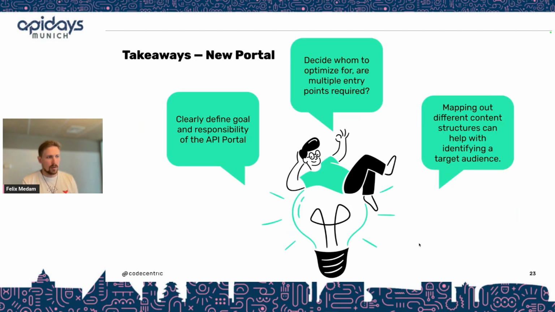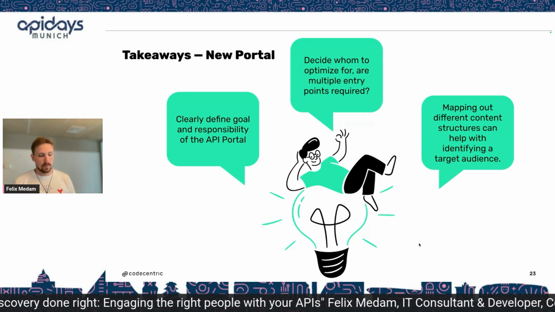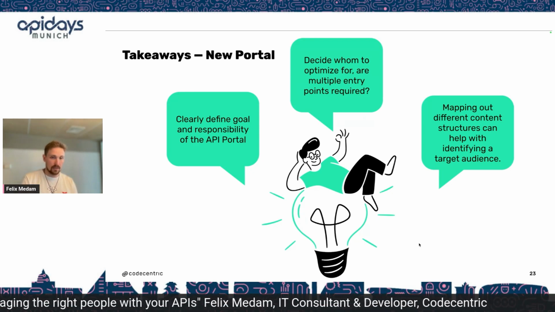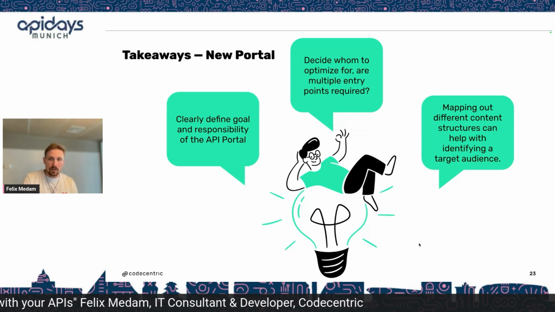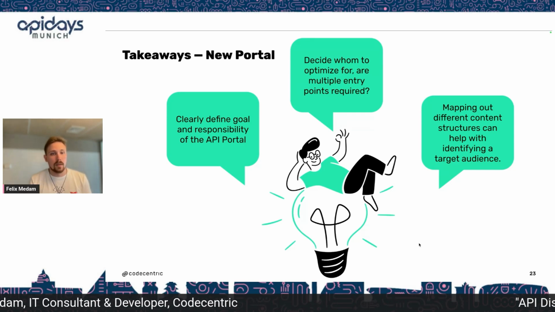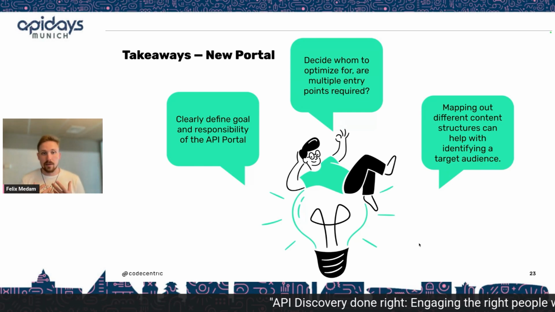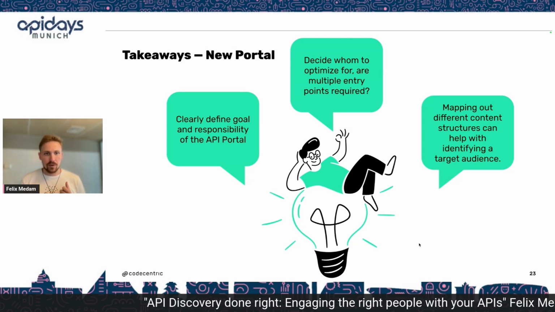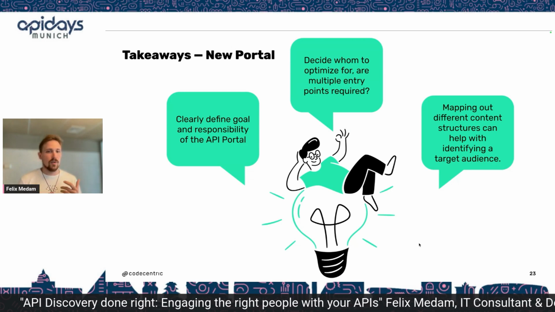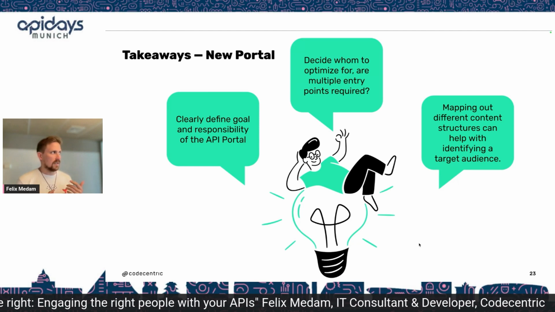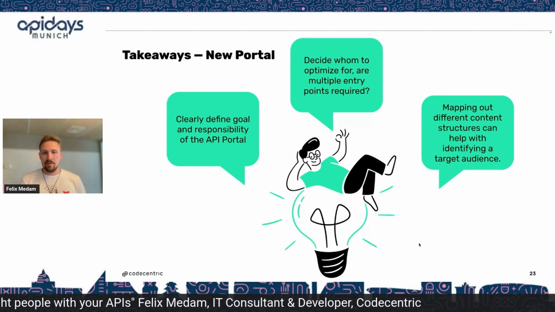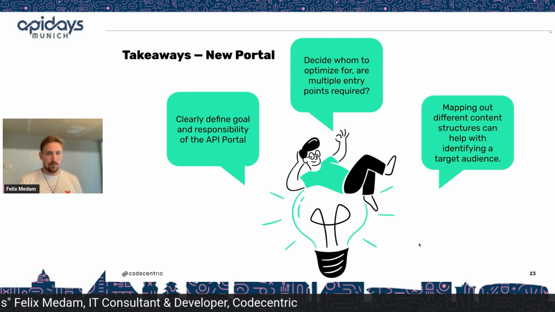So what are the takeaways from this little mapping exercise, mapping our discovery features onto the access channels? For a new portal, you should clearly define the goals and responsibilities of the portal you are going to create, because you need to decide to whom you want to optimize it for, and if you need maybe multiple entry points for those different audiences you want to serve.